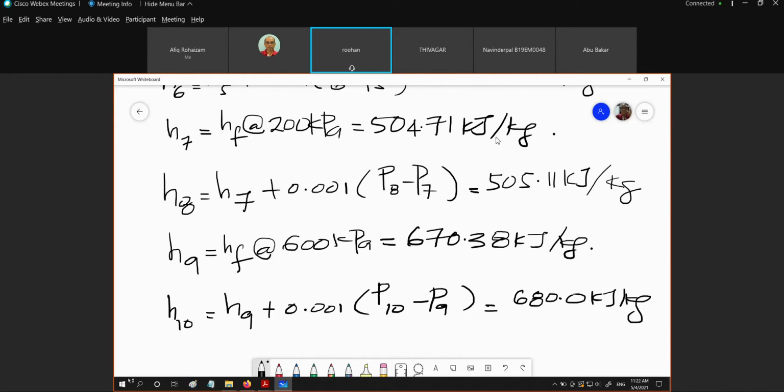Doctor, how many decimal places are we to put for enthalpy? In this case, the 670.38 is from the table, so you leave it as what it is. But for the others, we can put 2 decimal points or 1 decimal point, it all depends on the values.